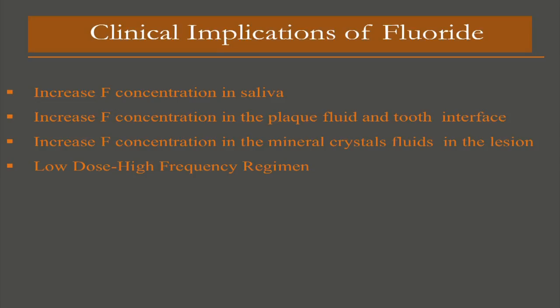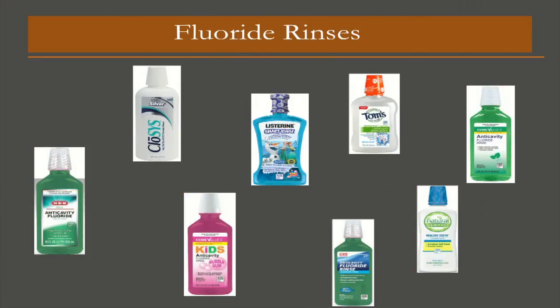And the best way to use fluoride is on a low dose, high frequency regimen, which is daily use of fluoridated toothpaste and mouth rinse. And here are various examples of fluoridated mouth rinses that can be used on a daily basis.